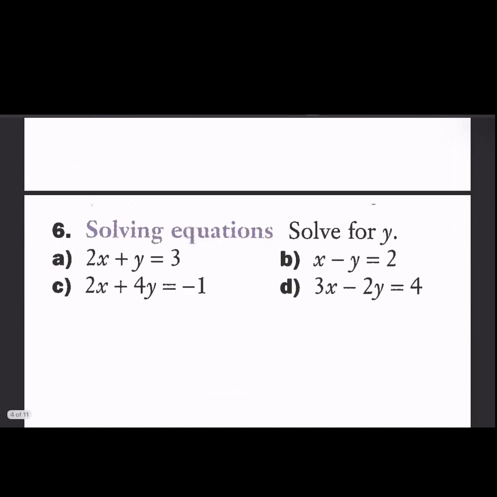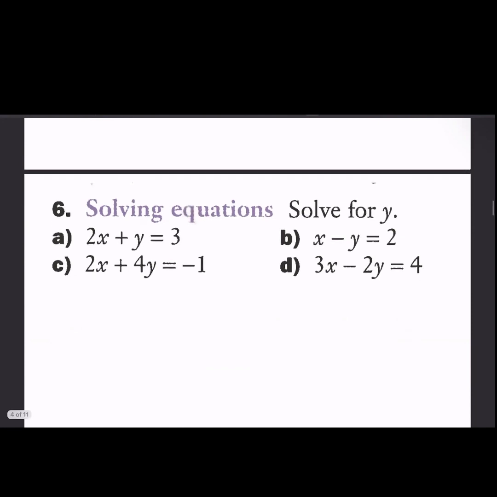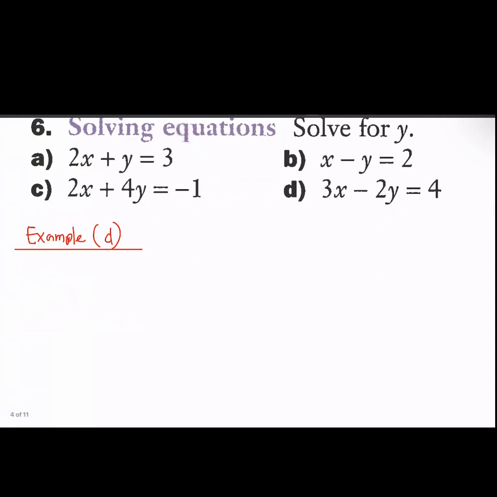Okay, so solving equations. For this one, you're just simply solving for y. So unlike how we solve for x, now you're solving for y. So this example will be example part D. If you're given 3x minus 2y is equal to 4, and you want to solve for y in this case, you add 2y to both sides.